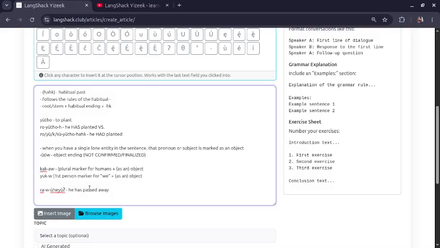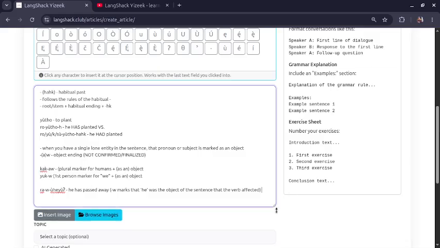And so the wa here means that it was an object, that he was the object that this verb affected. So that's just how I've observed this in examples.